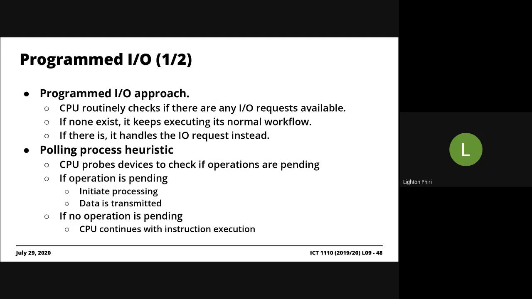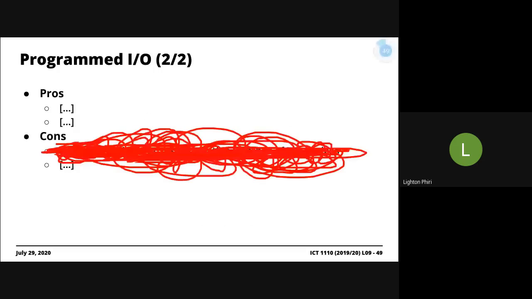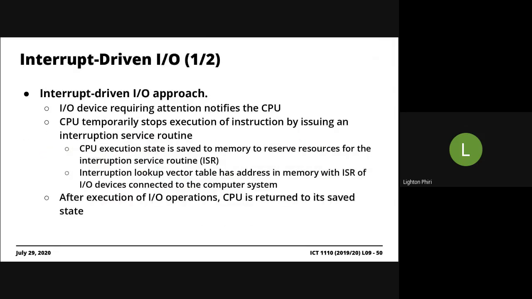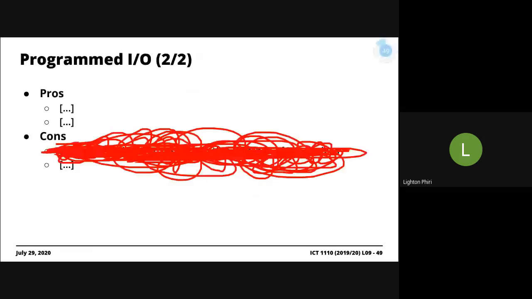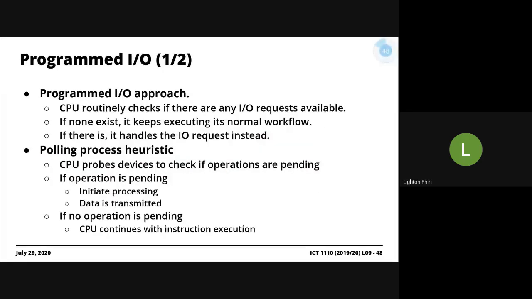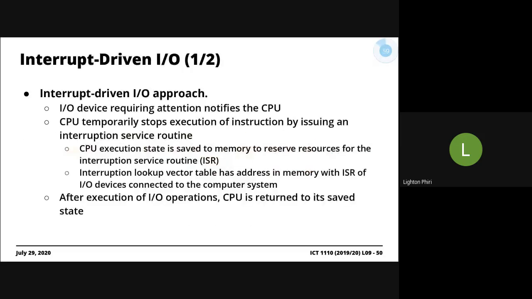The same thing happens in the interrupt-driven approach, similar to polling, but the only difference is that the signaling is initiated by the device, not by the CPU. So in this approach, you have a subroutine that constantly checks if there's any device that requires attention. In this case, the device that has some operation that needs to be executed will notify the CPU.